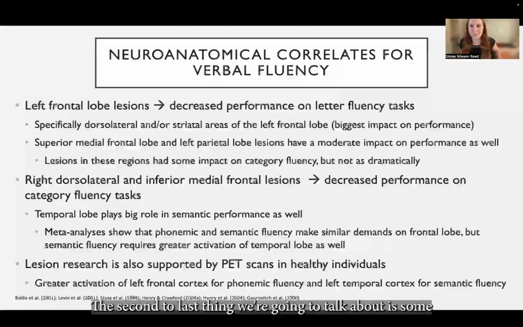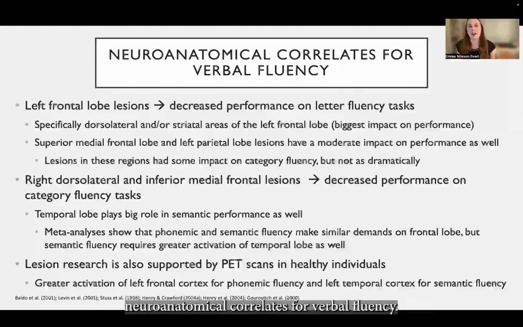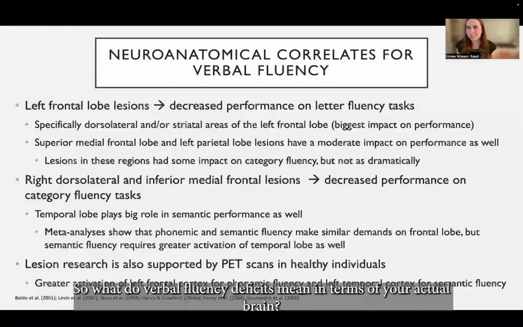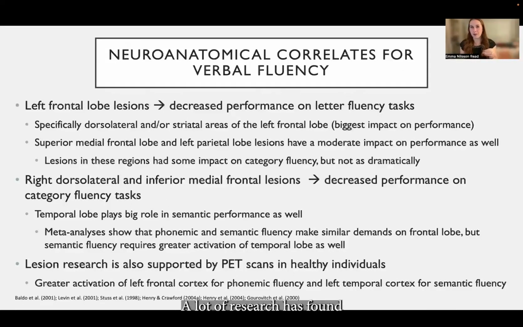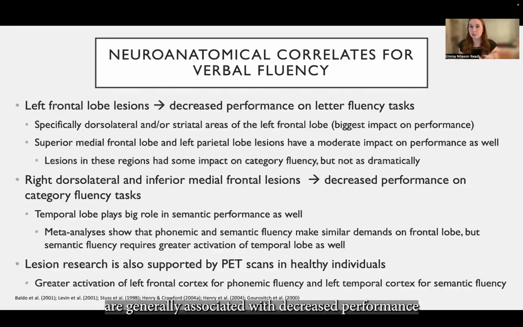The second to last thing we're going to talk about is some neuroanatomical correlates for verbal fluency. So what do verbal fluency deficits mean in terms of your actual brain? A lot of research has found that left frontal lobe lesions specifically are generally associated with decreased performance on letter fluency tests specifically.